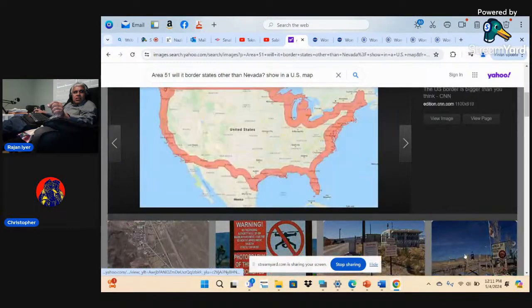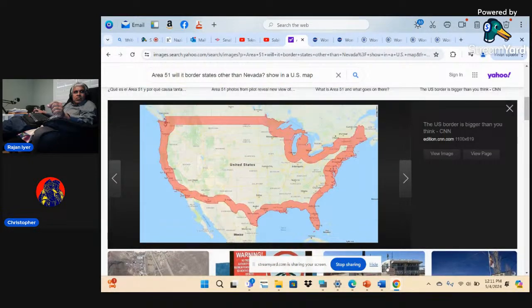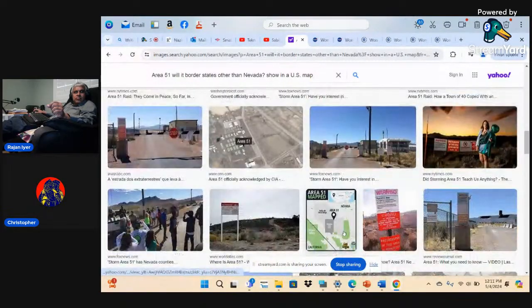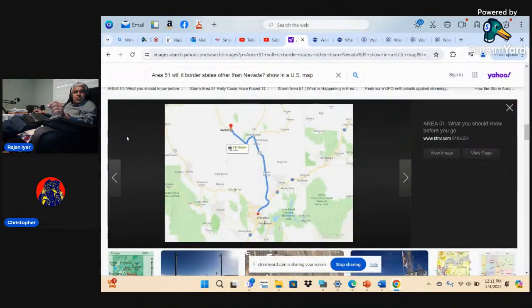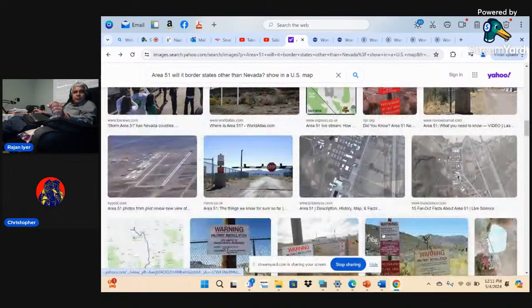Yeah, it's quite huge. Called Nevada. That's right. Yeah, it's above California in Nevada.